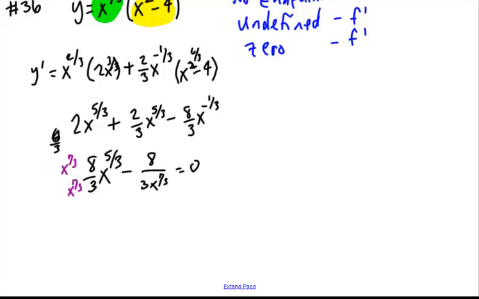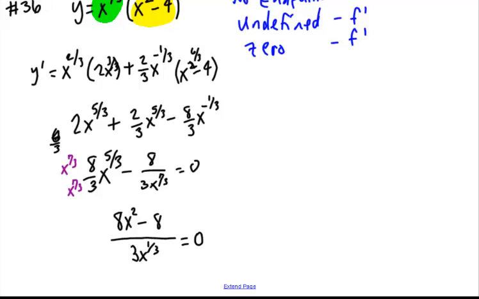Which is 2. So 8x squared minus 8 over 3x to the 1/3 power. And we want to know where that is equal to 0 or undefined. And those are going to be our critical points.